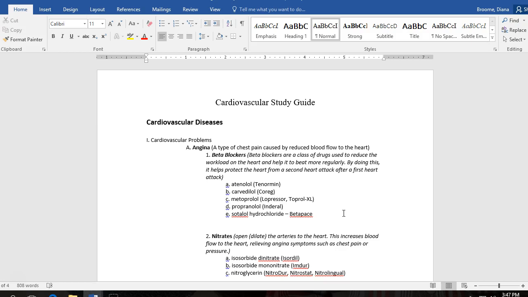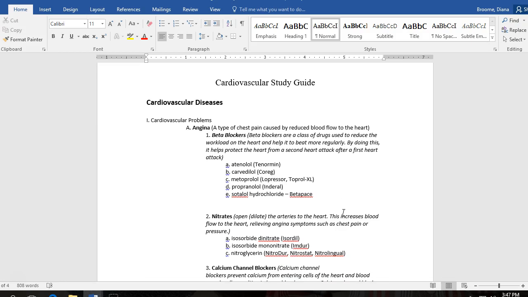So I created this study guide for you all so that you can understand, for example, that there are various cardiovascular conditions that a person can have. An example of a condition could be angina. And simply what angina means is it's a type of pain that someone can have in the chest, and what's happening is that for some reason, could be for a blockage, that there has been reduced blood flow to the heart.